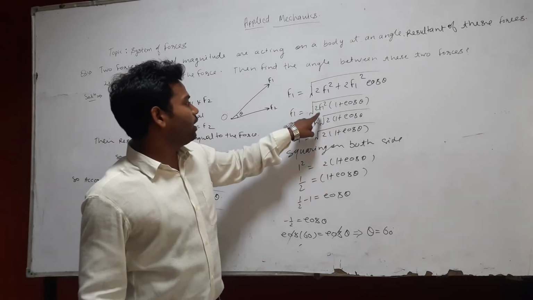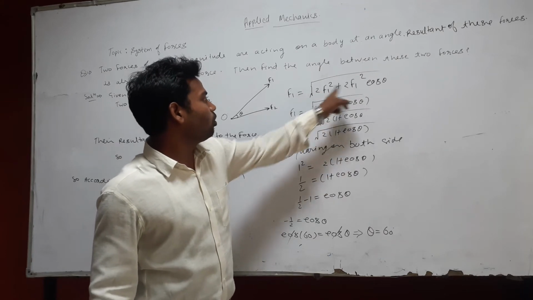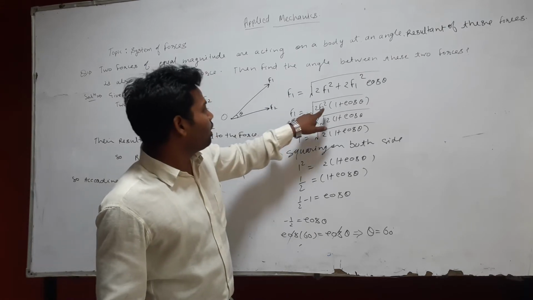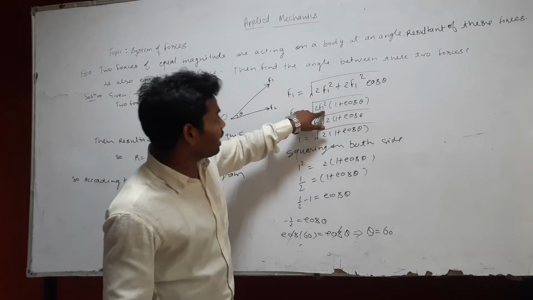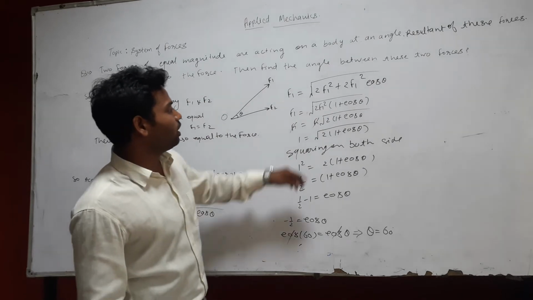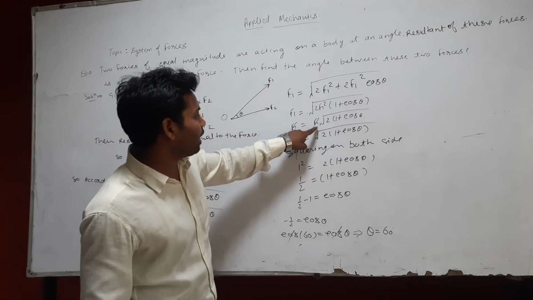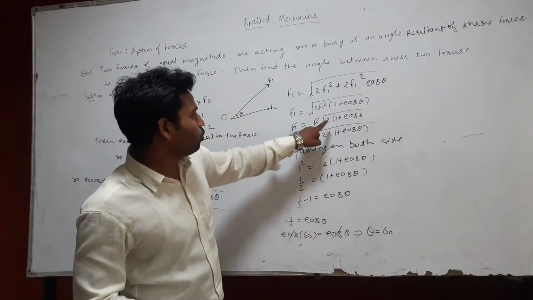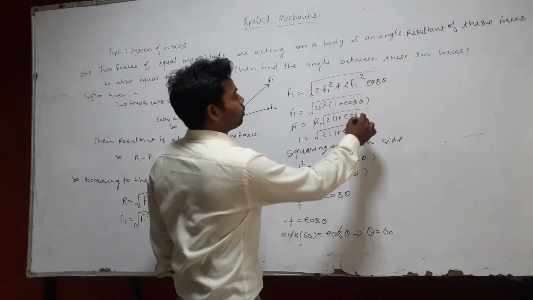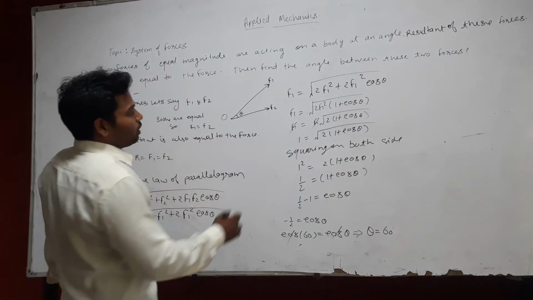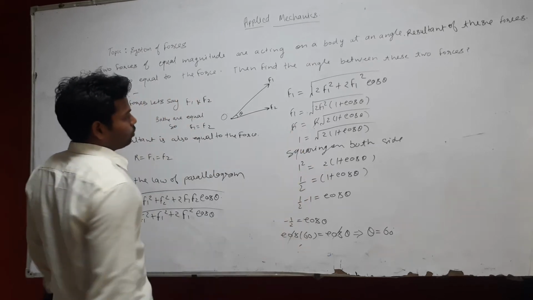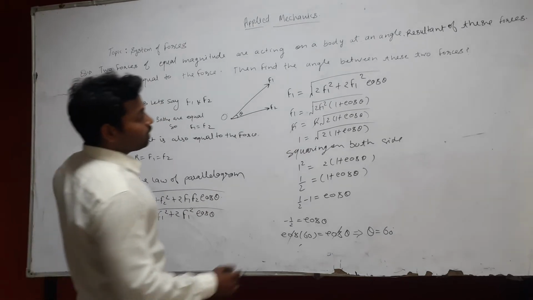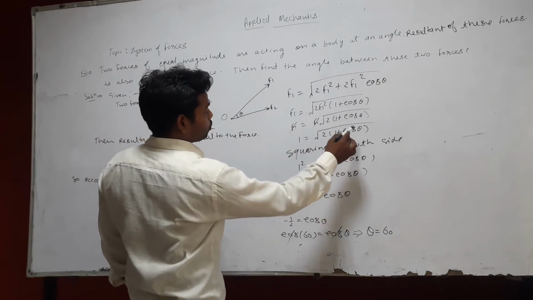Now we can take 2F1 square common from all these terms, and then take F1 out of the root, so we are left with 2(1 plus cos theta) inside the root. Now we have F1 on both sides, so we can cancel F1. We get 1 on one side, and inside the root 2(1 plus cos theta).